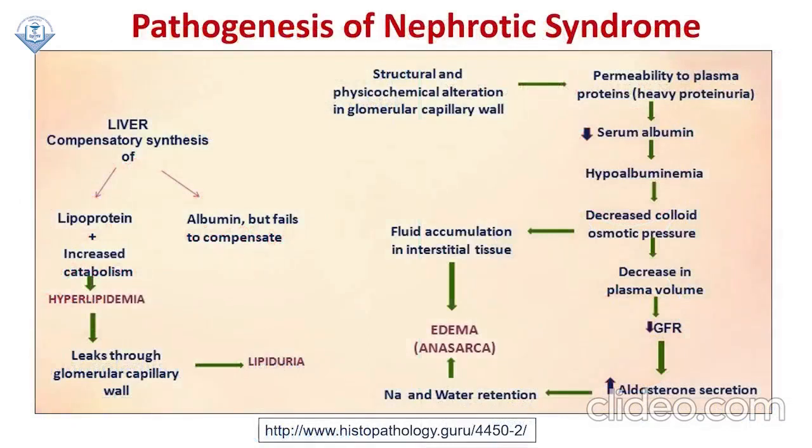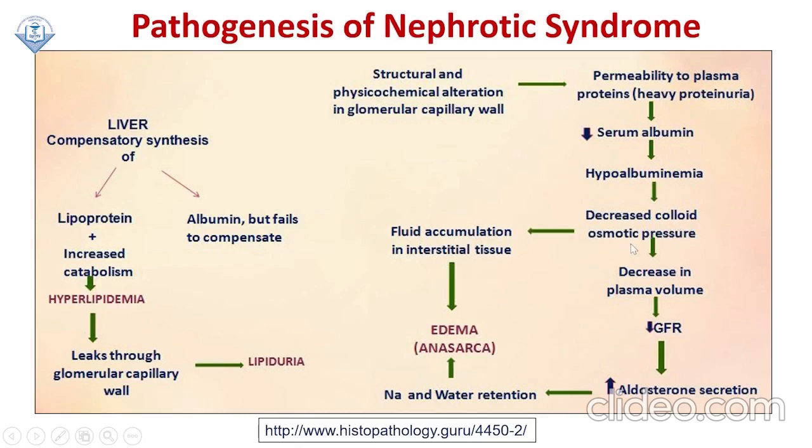Pathogenesis of nephrotic syndrome. In this scheme you can see, first of all, structural and physico-chemical alteration in the glomerular capillary wall. This problem leads to permeability to plasma proteins with heavy proteinuria, which leads to decreasing level of serum albumin, which leads to hypoalbuminemia. Finally, there is decreased colloid osmotic pressure.